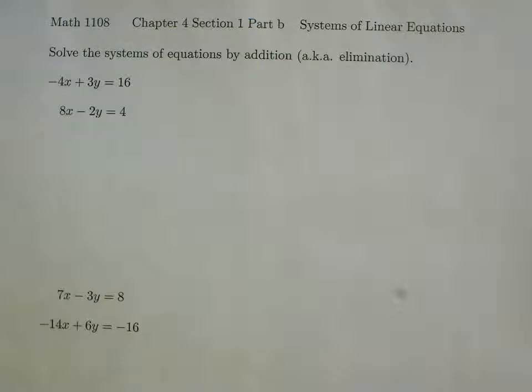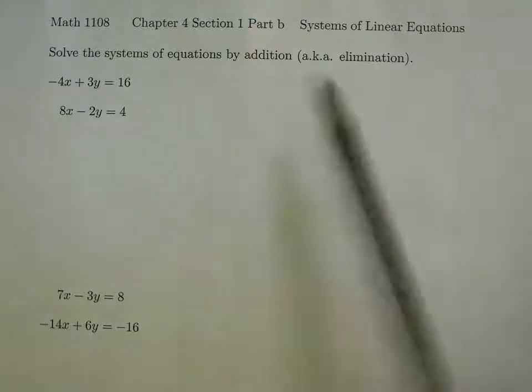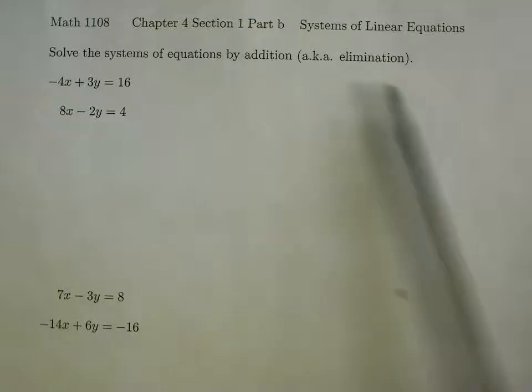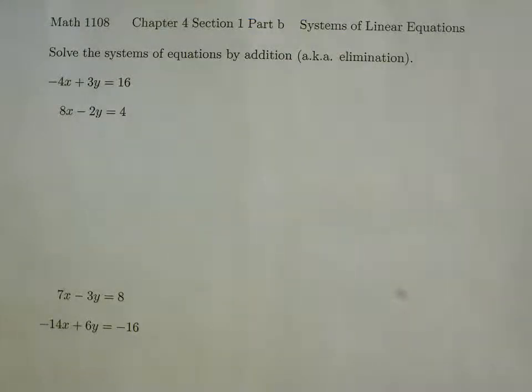But we want to add them so that one of the variables is eliminated from the addition. After you've seen this done a couple of times, you can see why both of those terms are used, the addition method or the elimination method.